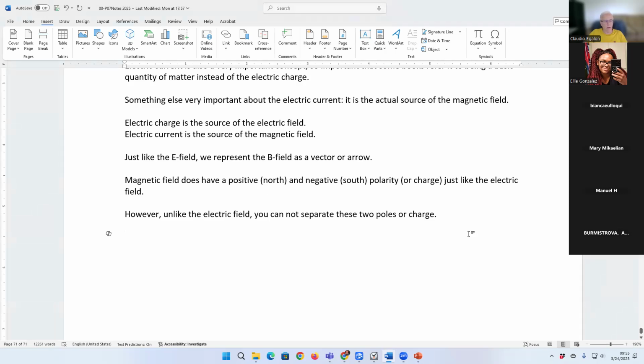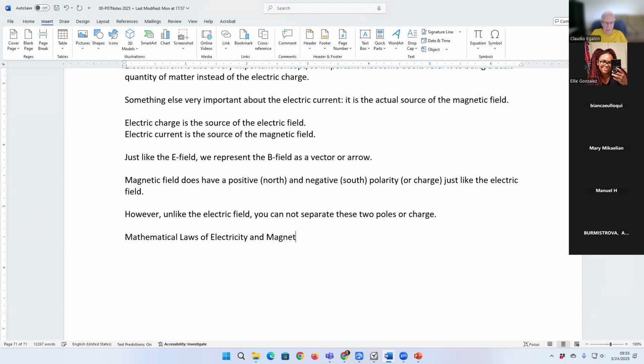And then we can start talking about the mathematical laws of electricity and magnetism.